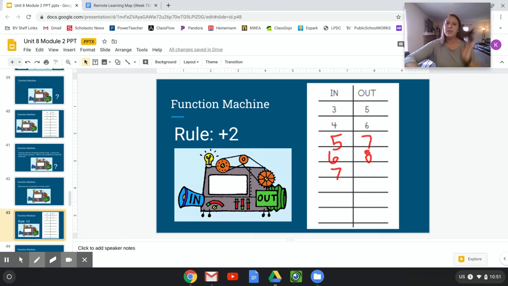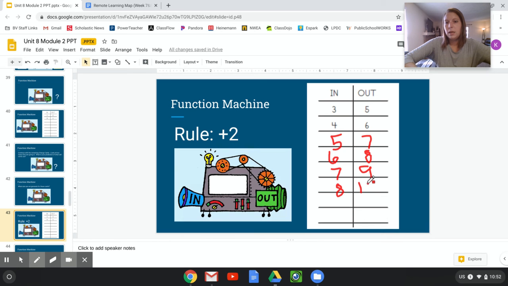What would come out? You need to add 2. That would be 9. If you put 8 in, what would come out? Remember, add 2. 8 plus 2, that would be 10.